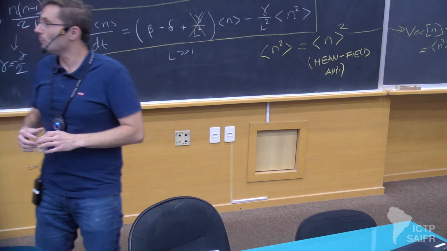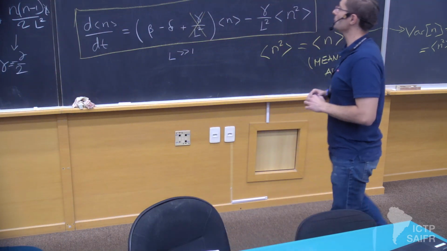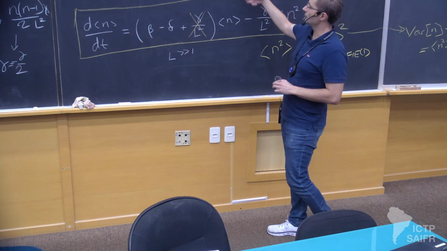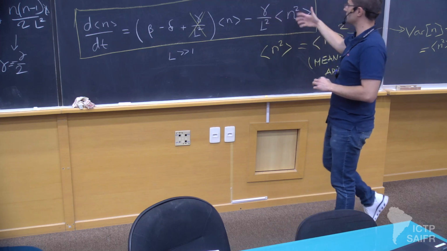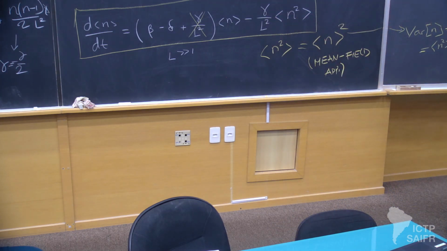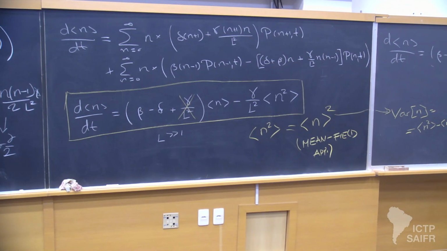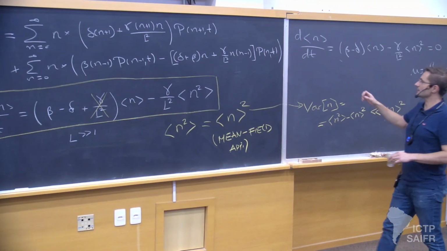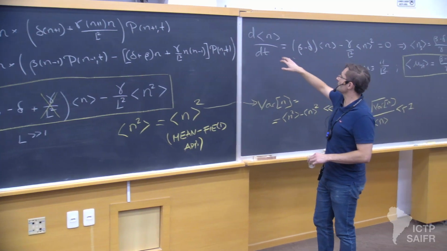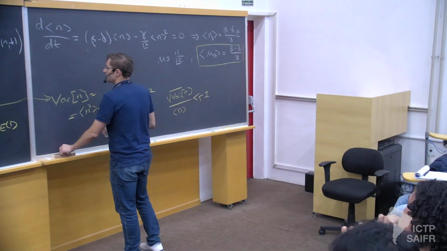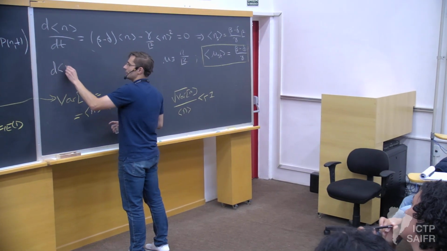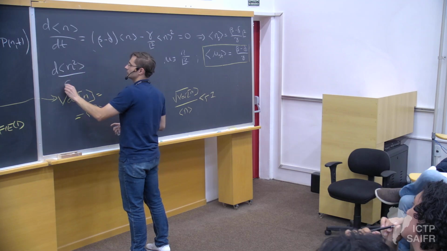Great. But when I asked you how would you improve this first moment approximation that was coupled to the second, we got a very smart suggestion of saying, but we can write a differential equation for the mean value of n squared.